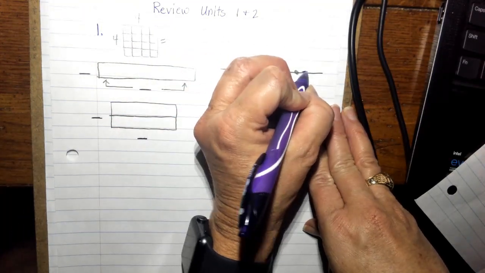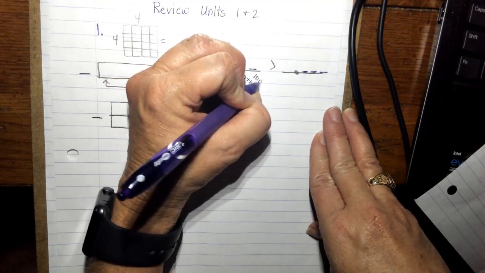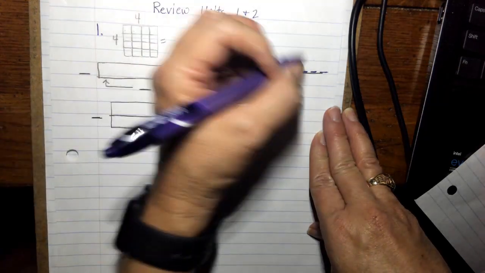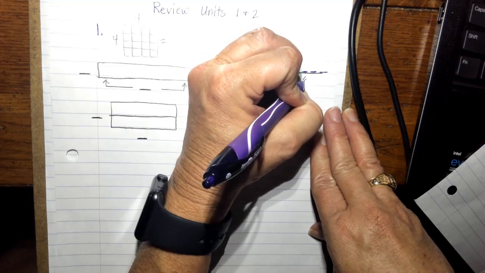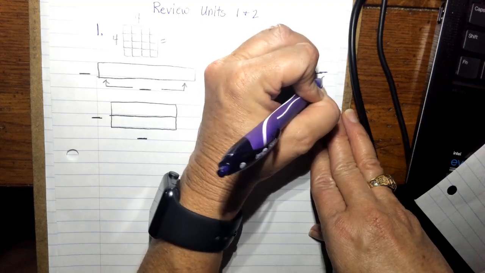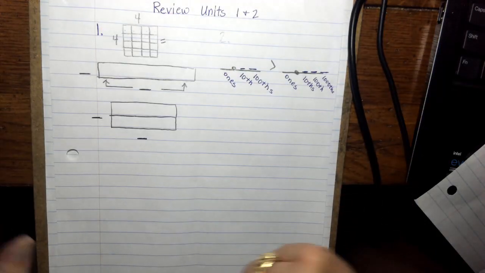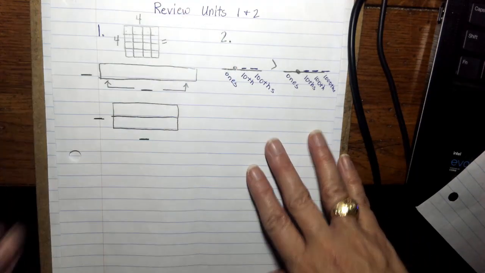We have just 2 places on the left hand side, so I'm going to label that the tenths and the hundredths. Of course, this is the ones. And over on the right hand side, we have the ones, the tenths, the hundredths, and the thousandths. Remember, if at any time I go too fast, you can just pause your video and catch up. So this is for problem number 2.